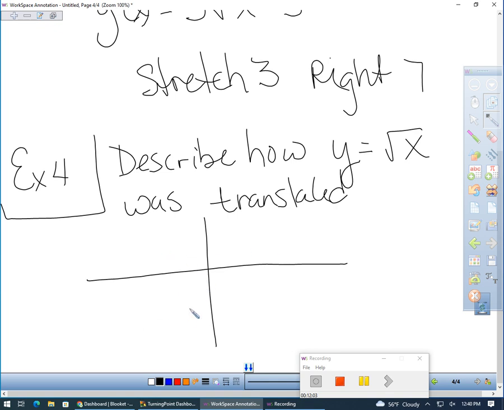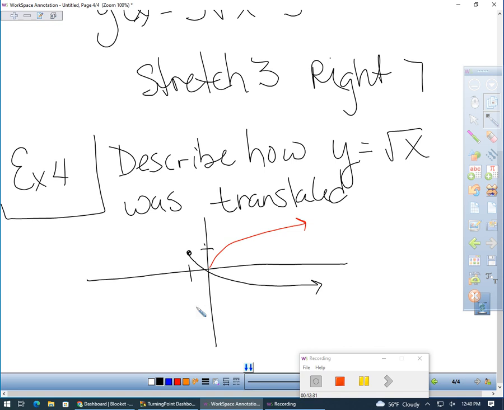It's right there. Okay, so remember the square root of x starts here, right? So what's one thing it has to do in order to flip onto the graphs they're showing us?